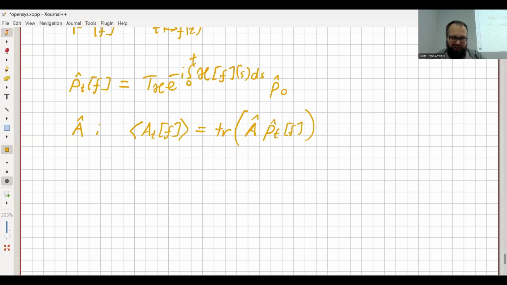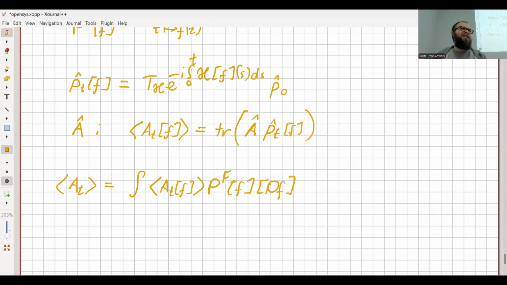So the actual expectation value for us would be the expectation value conditioned on the realizations of the field, times the probability distribution of getting any given trajectory of this external field, right?